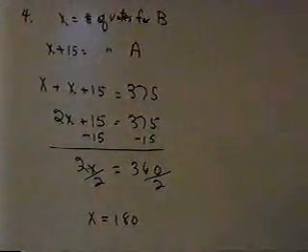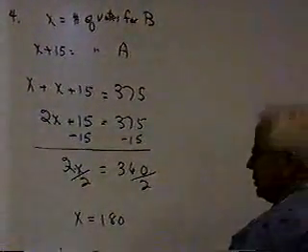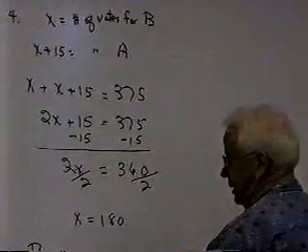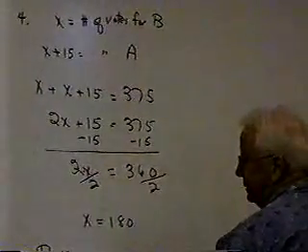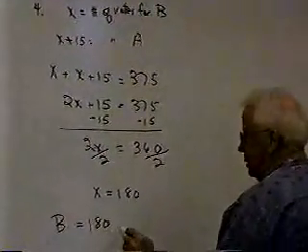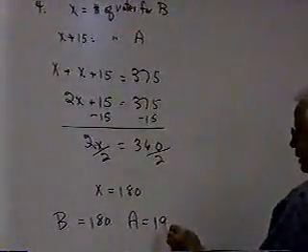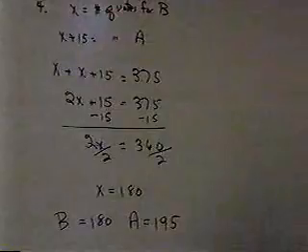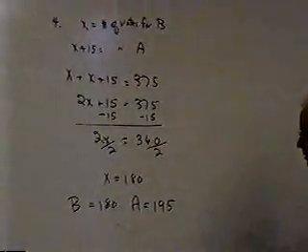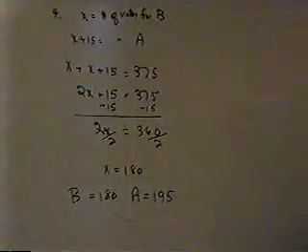But that's not the final answer. How many votes did B get? Okay, well that's the 180. So how many votes did A get? Well, you add 15 to that. Now check your answer, add those two together, and sure enough, it's correct.